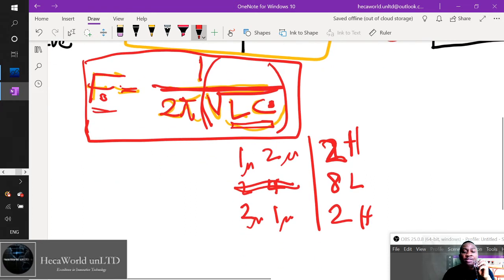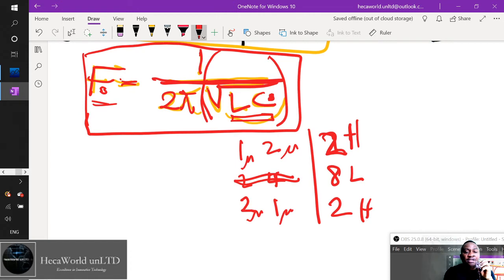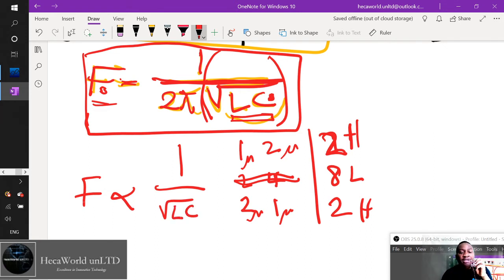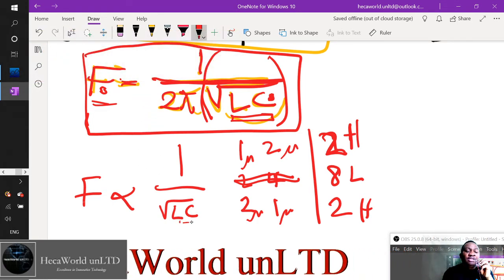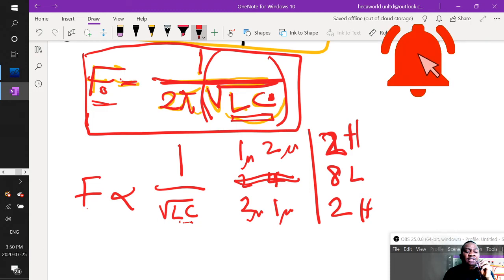So another way to look at this, to make it just visible, is you ignore the constants and just say that f varies inversely as the square root of L and C. Just look at it that way, forget about the 2 pi's. So the more the values of these increase, this becomes lower.